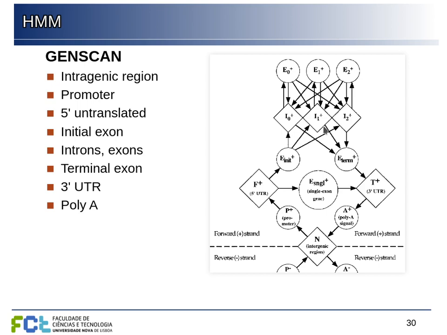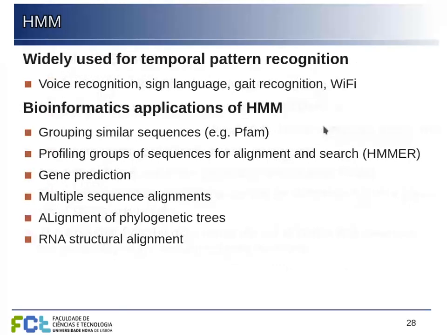So this is one possible application of hidden Markov models, but actually there are lots of applications of hidden Markov models in bioinformatics, such as grouping similar sequences. Pfam is organized by using hidden Markov models to represent different families of sequences. We can use this for sequence alignment and search.